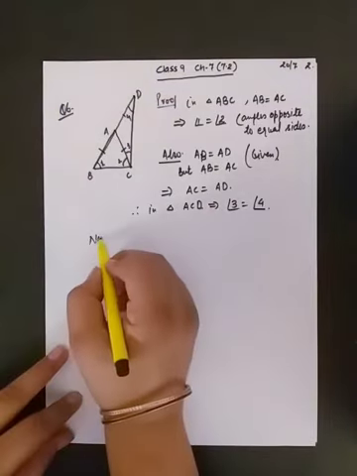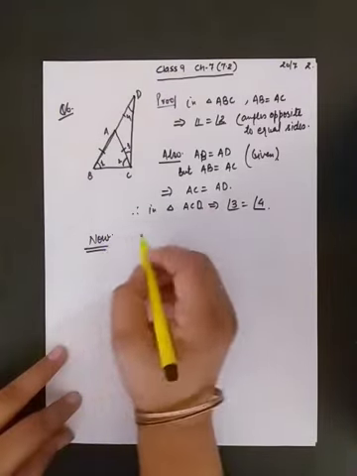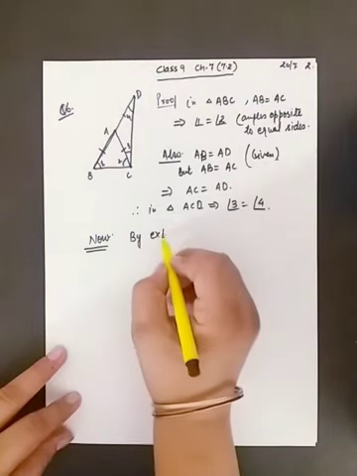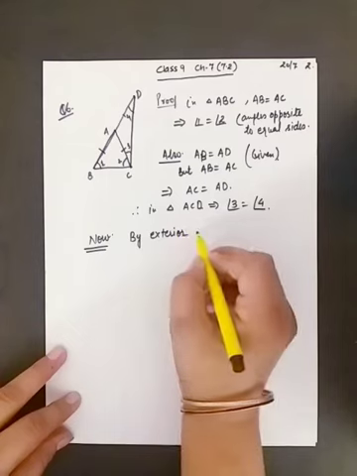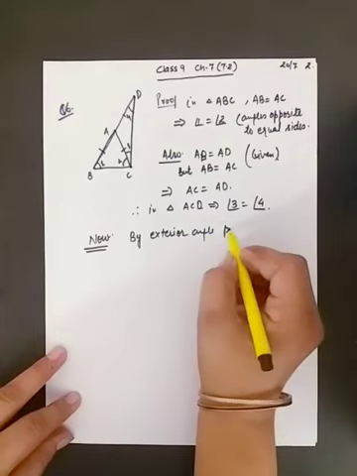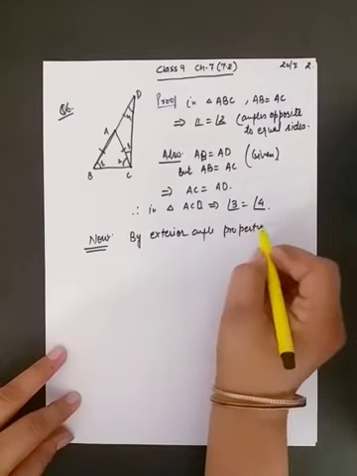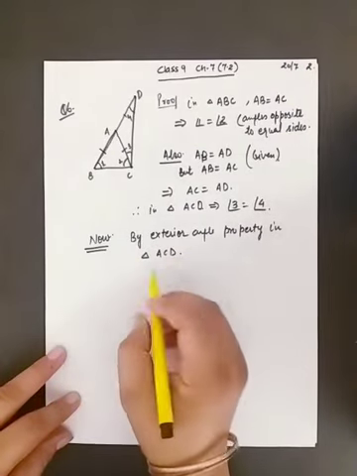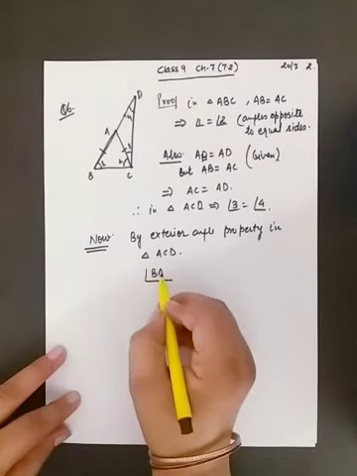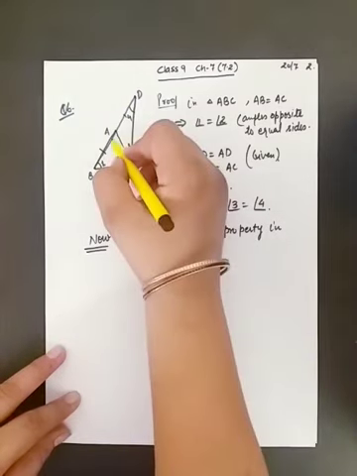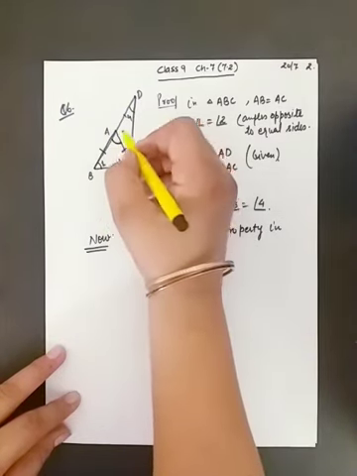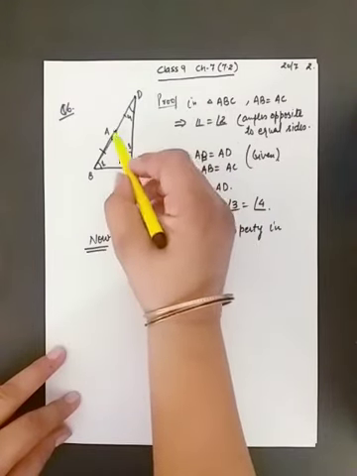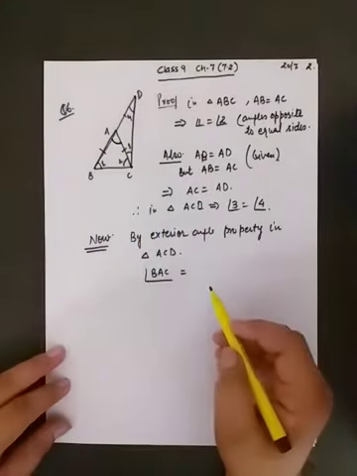Now, by exterior angle property, in triangle ACD, angle BAC, this angle A is exterior angle for triangle ACD, and angle A is interior angle for triangle ABC.